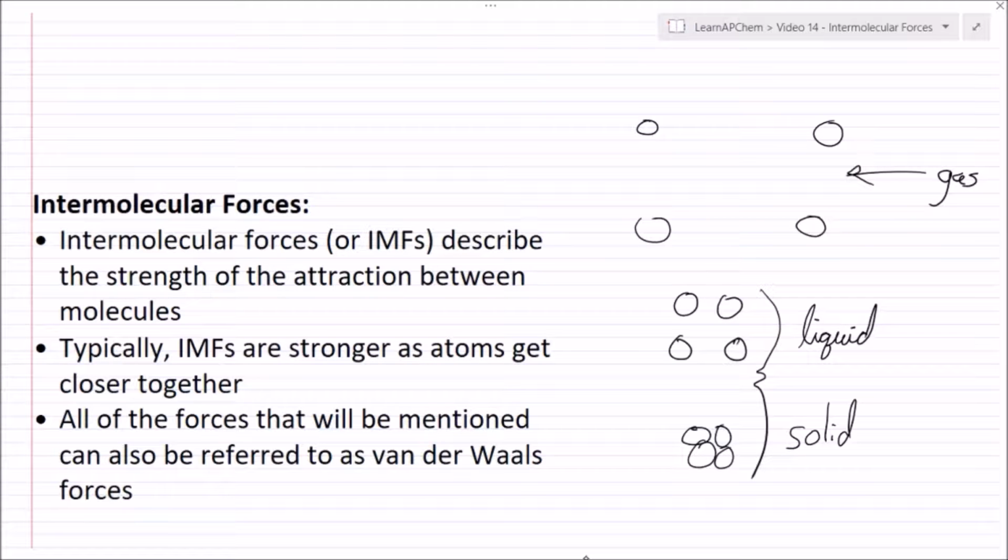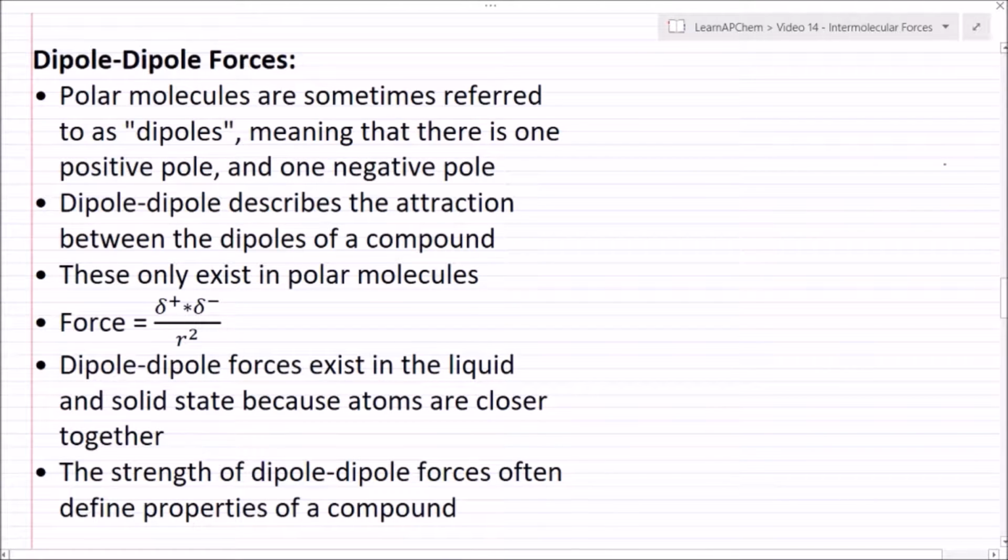Now, I'm going to talk about different IMFs, but these can all be sort of categorized or referred to as van der Waals forces. Alright, so let's talk about the first kind of IMF, and these are dipole-dipole forces. Note that these only exist in polar molecules, and to understand why, you have to understand that polar molecules are sometimes referred to as dipoles, meaning that there is one positive pole and one negative pole.